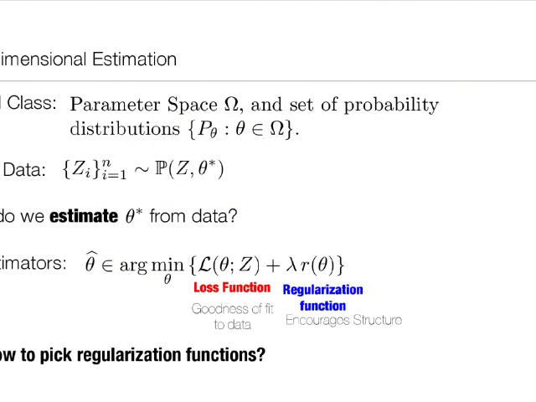Okay, so let's look at the problem formally. What I have is a set of probability distributions. Whenever somebody says, I have a statistical model, what they're saying is that they have a family of probability distributions. It's a family in the sense that it's really a set of probability distributions indexed by something.